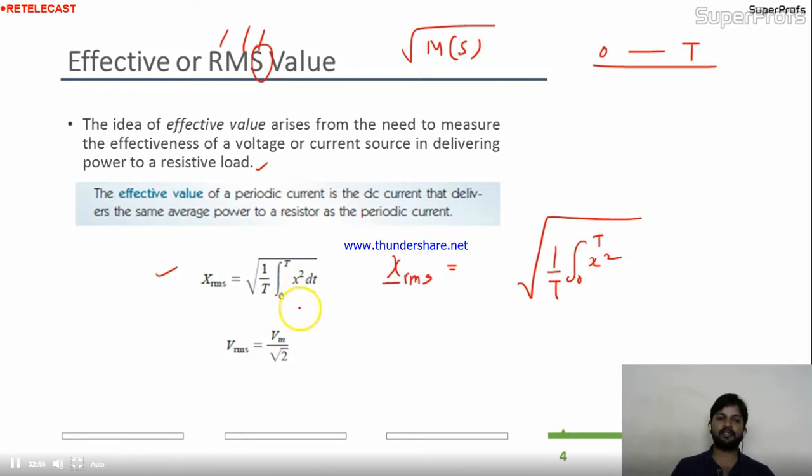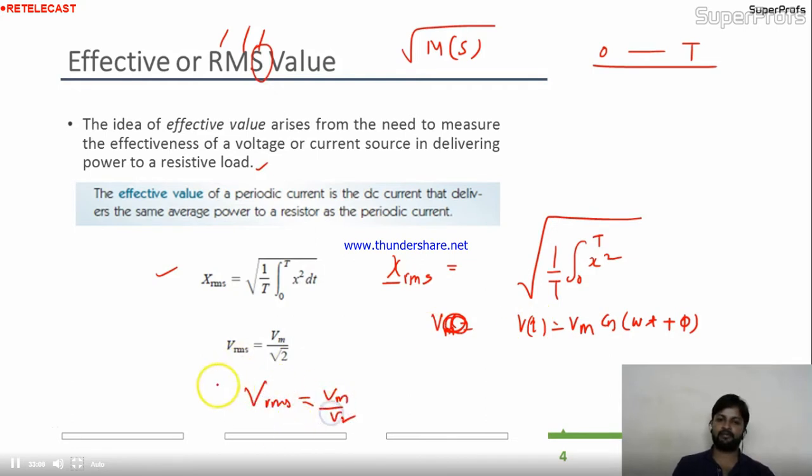When you calculate for v(t), which we already considered as Vm cos(omega t plus phi) in the last slides, the RMS value will always be Vm by root 2. If we solve the equations, we derive this.